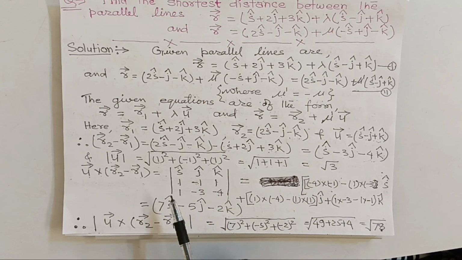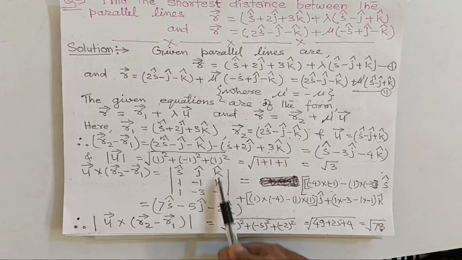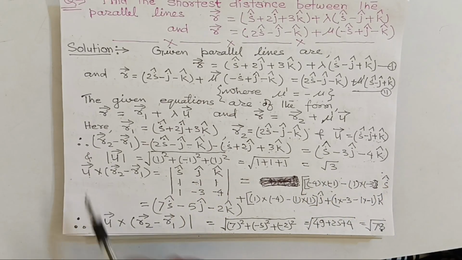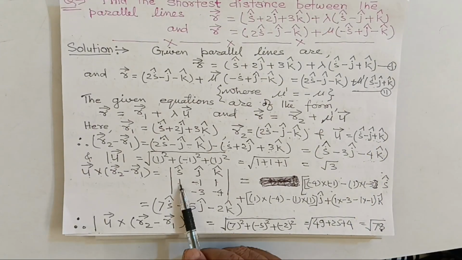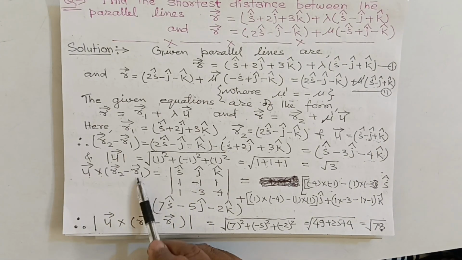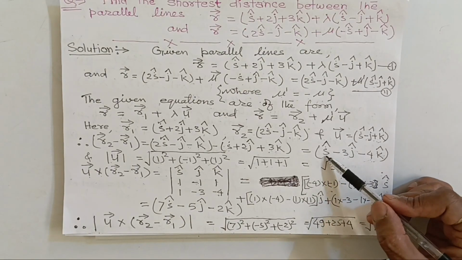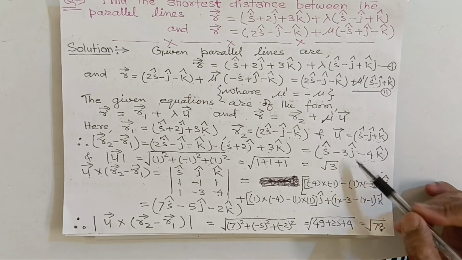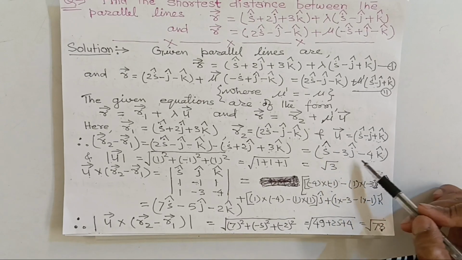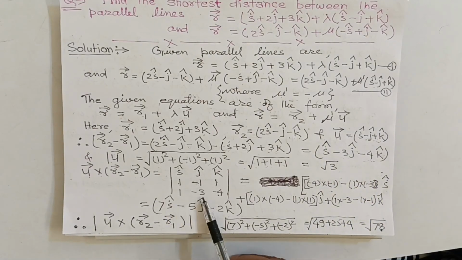The determinant with i, j, k. First the u coefficients: 1, minus 1, plus 1. Next, vector r2 minus r1 is i minus 3j minus 4k, with coefficients 1, minus 3, minus 4.